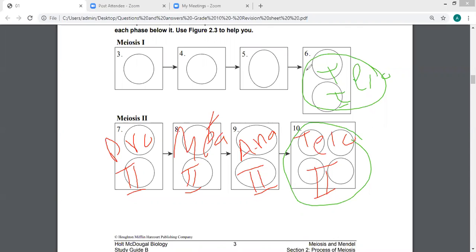Okay. Increasing the number of producing cells because the meiosis division aims to produce germ cells. So the number of cells must be increasing. You got it? Then why exactly 4?